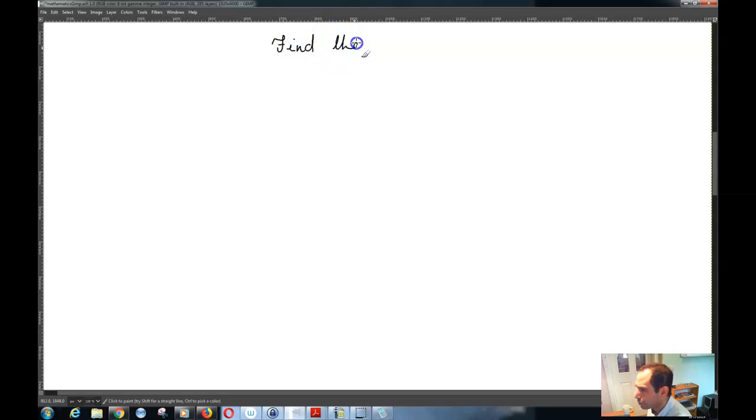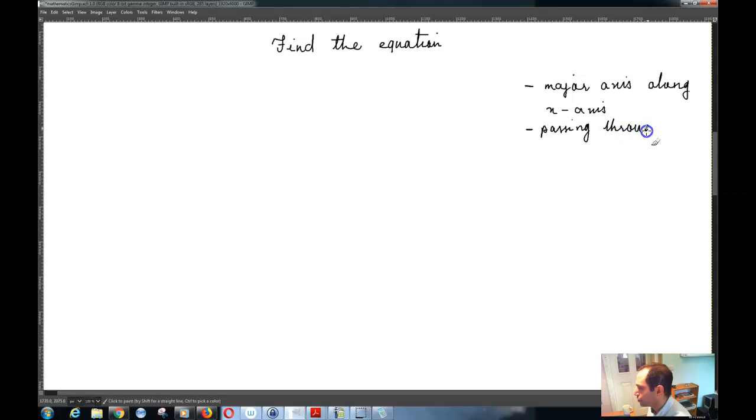The major axis is along the x-axis, and it passes through the points (4, 3) and (-1, 4).